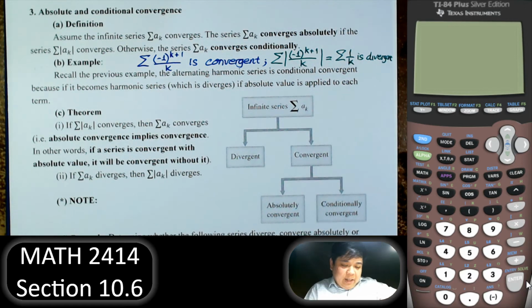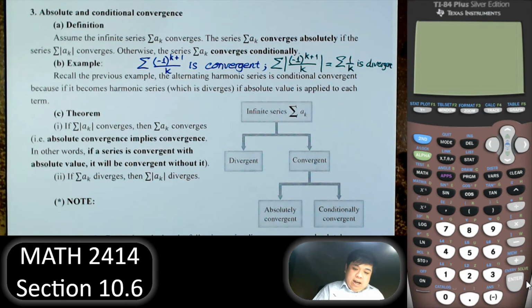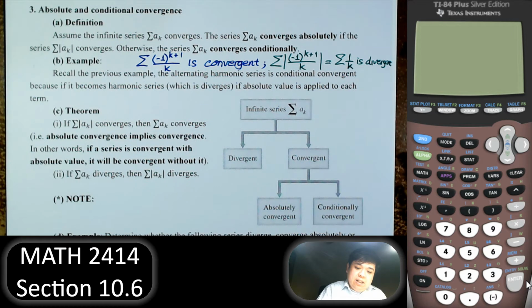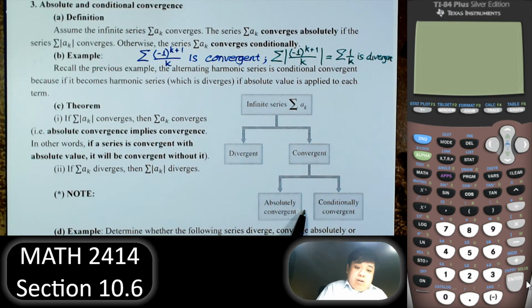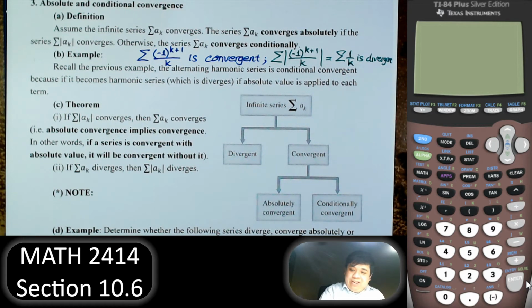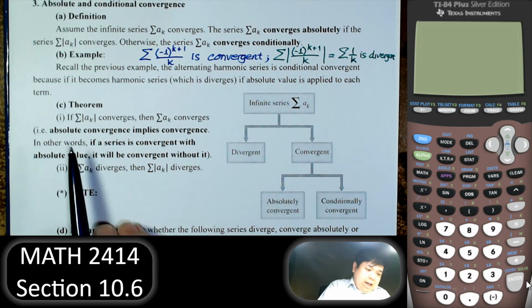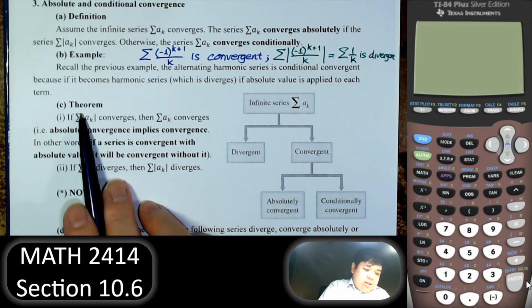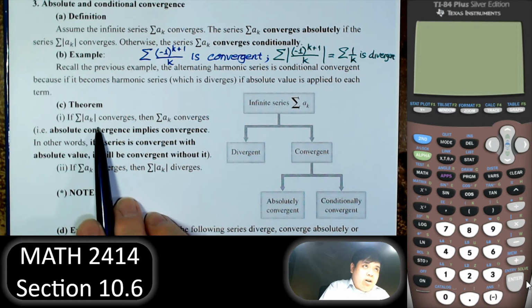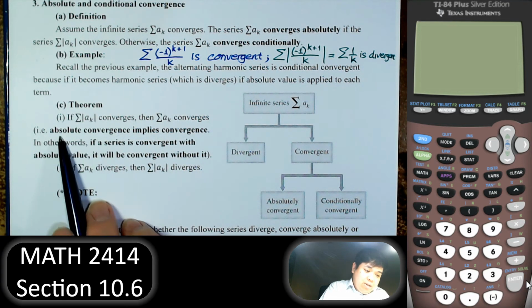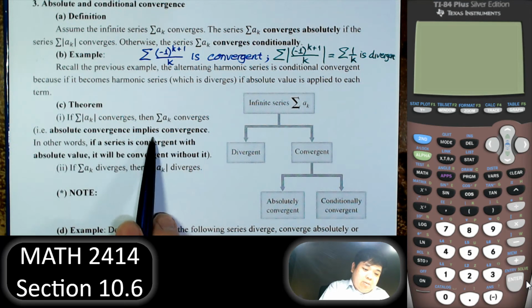Right. Here we have this important theorem. If it is absolutely convergent, then it is convergent. So that means absolute convergence implies convergence.